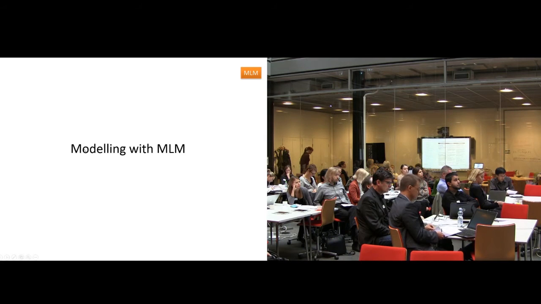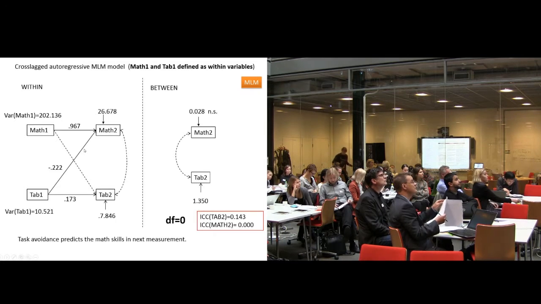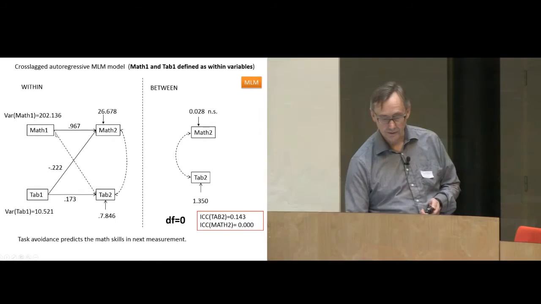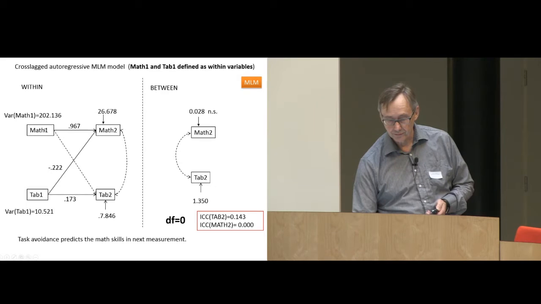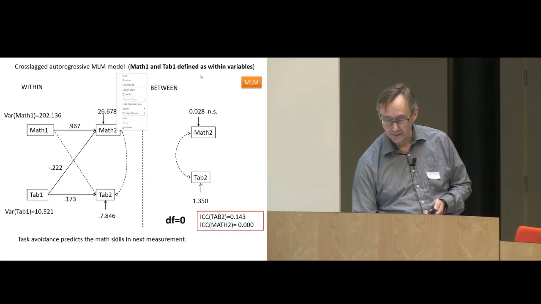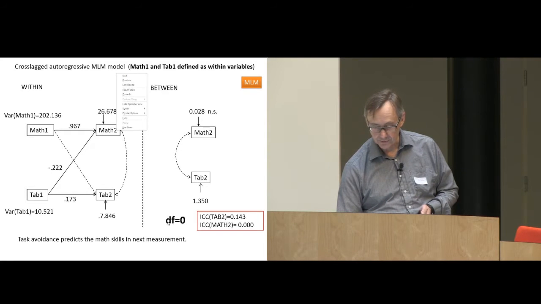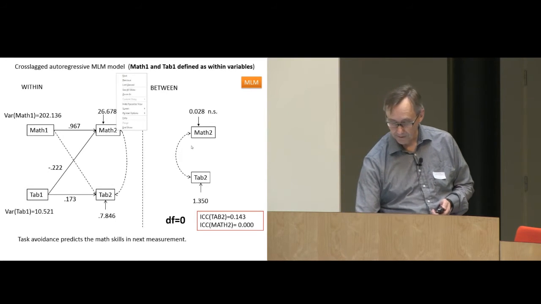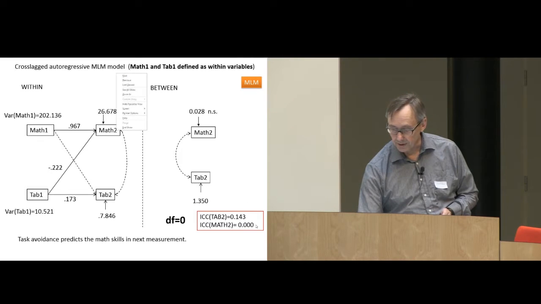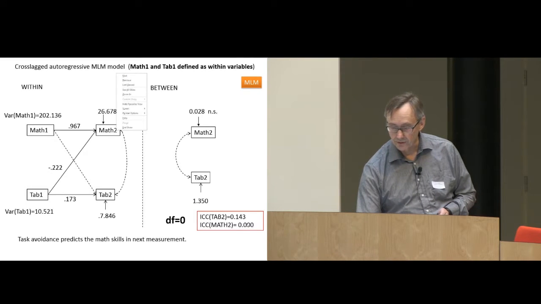What about modeling autoregressive using multi-level modeling? I now have successive scores, math 1 and math 2, and I have defined tab 1 and math 1 as within variables and get some results. You can see the degrees of freedom of this model is 0. I have put all the possible arrows in the model. And in this, you can see that the intraclass correlation is 0.